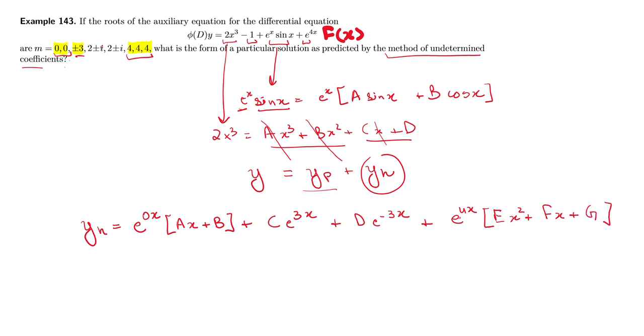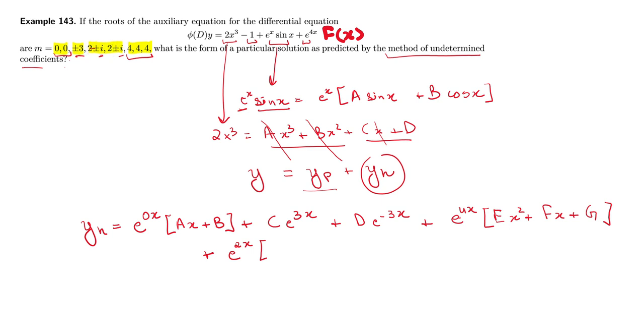And now coming to the unreal roots. In here also there's e raised to a power, that's the real part of the root, which is 2x. And whatever coefficient is with the iota comes inside the bracket with cos or sine.